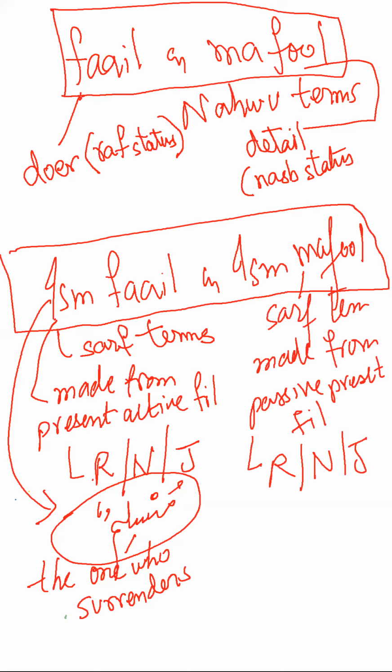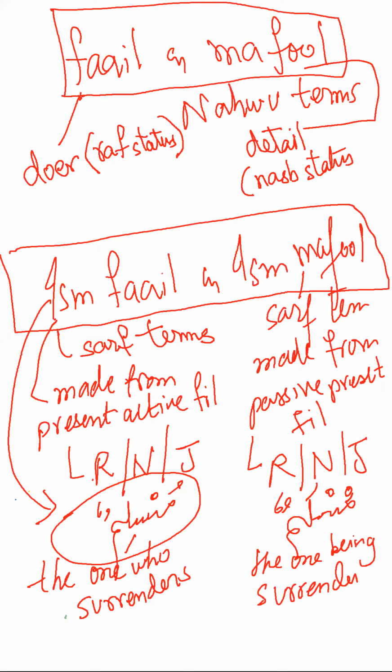For example, Muslamun, the one being surrendered. Muslamun can come as a doer in the rafa status. Then it can come as a detail in the nasab status. And it can come after a harf in the jar status.